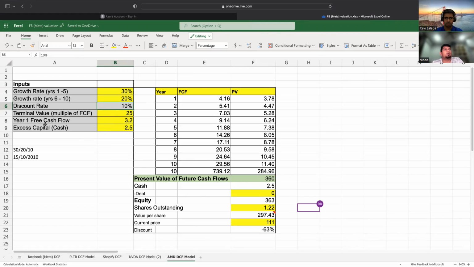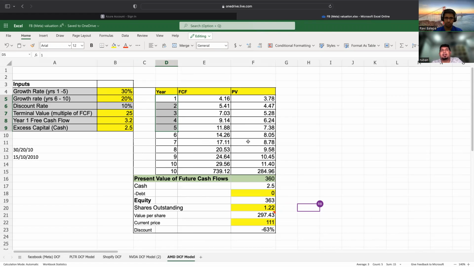The first year free cash flow, which we took from their investor reports, is 3.2 billion, and the cash and cash equivalents are 2.5B. We forecast the first 5 years using this growth rate and the following 5 years using 20%.